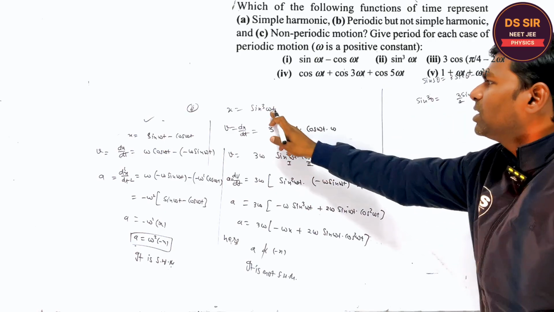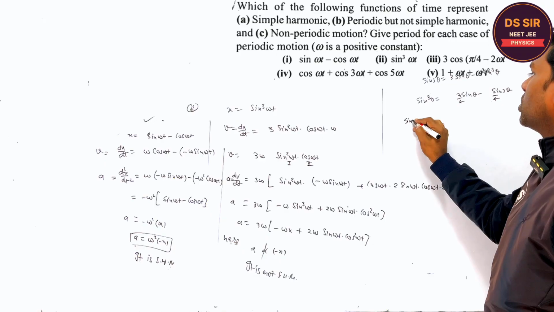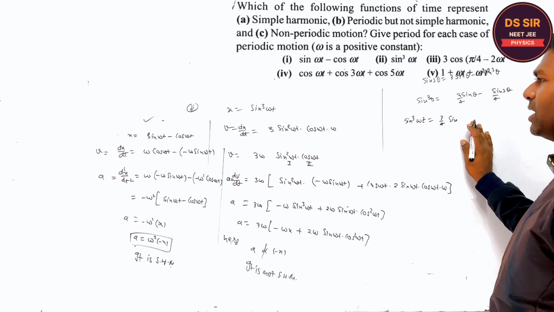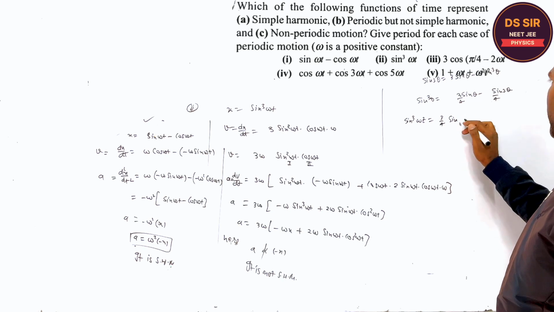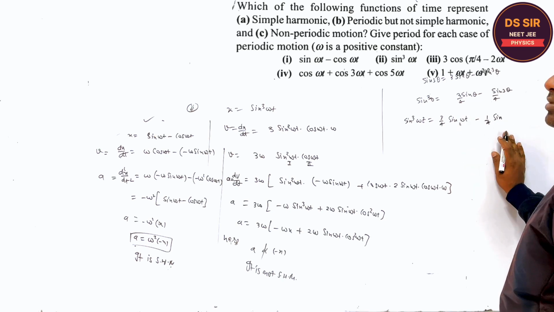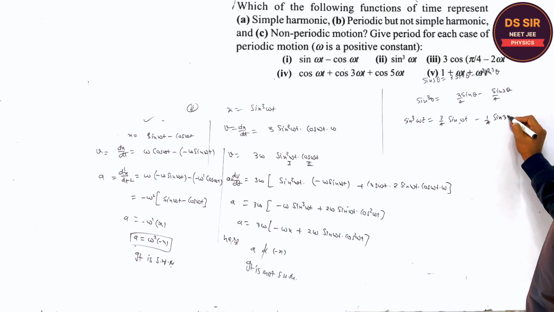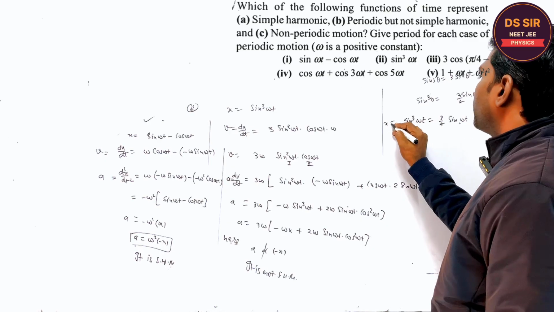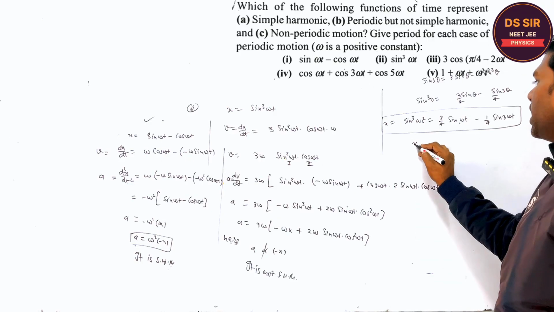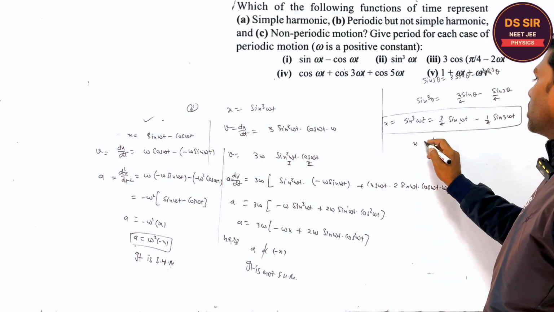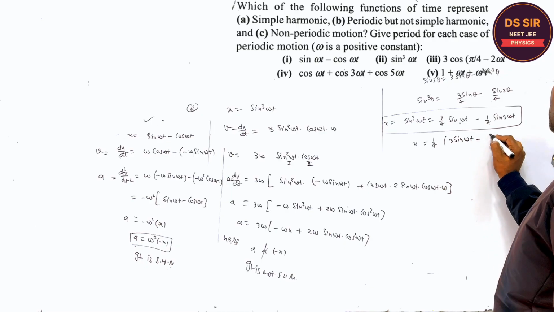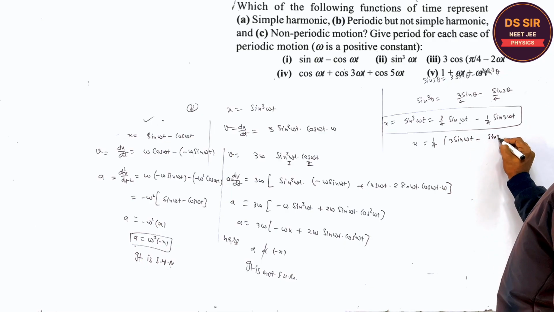If in place of theta you put omega t, sin³ omega t is equal to 3 by 4 sin omega t minus 1 upon 4 sin 3 omega t. So this is the function. Is it clear or not, you tell? So the function is x equal to 1 by 4 times 3 sin omega t minus sin 3 omega t.